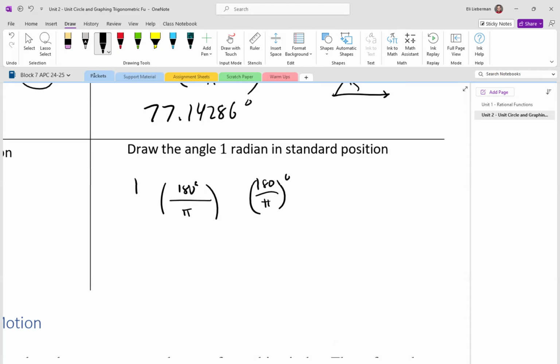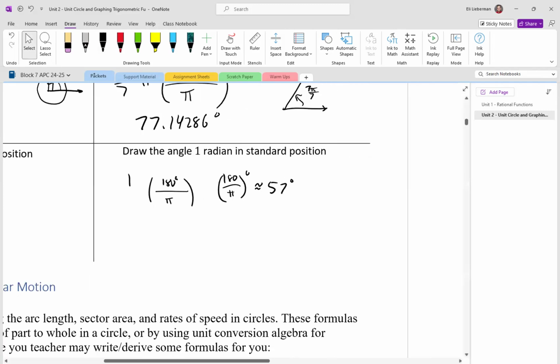I like that you're relating it to 60 because dividing by 3 would be 60. So dividing by more than 3 gives less than 60. I think we get about 57 degrees. Is that right? About 57 degrees.